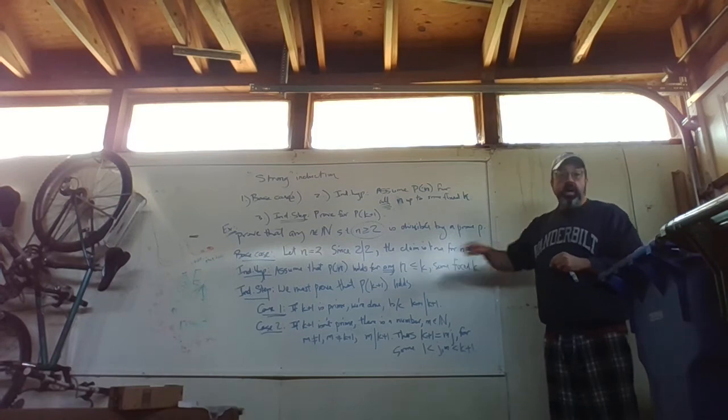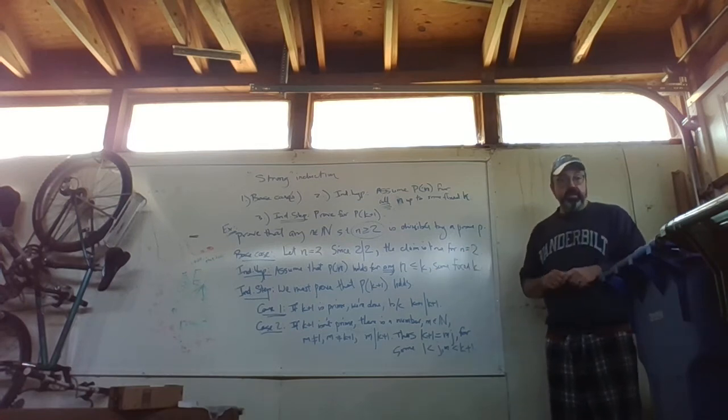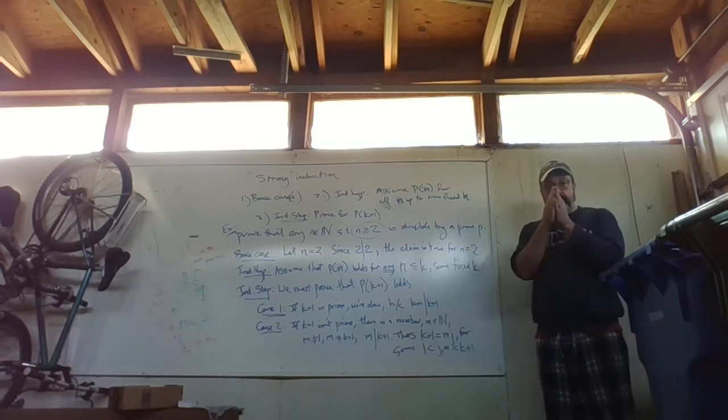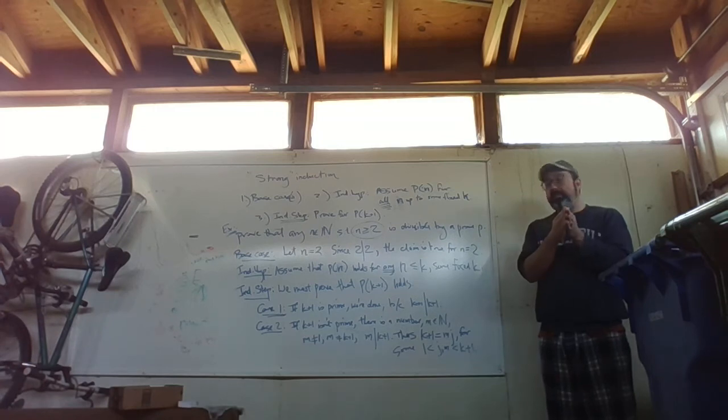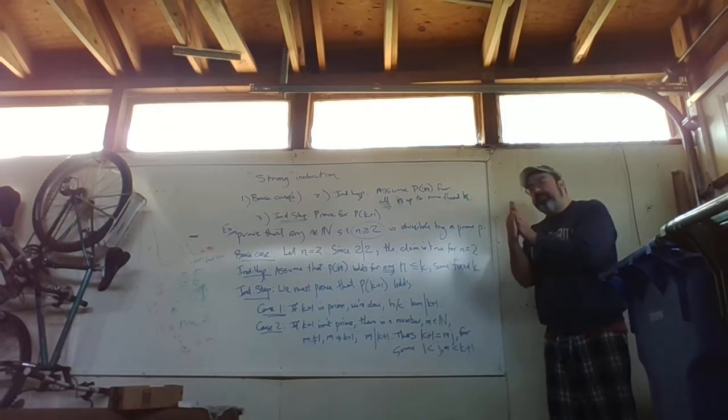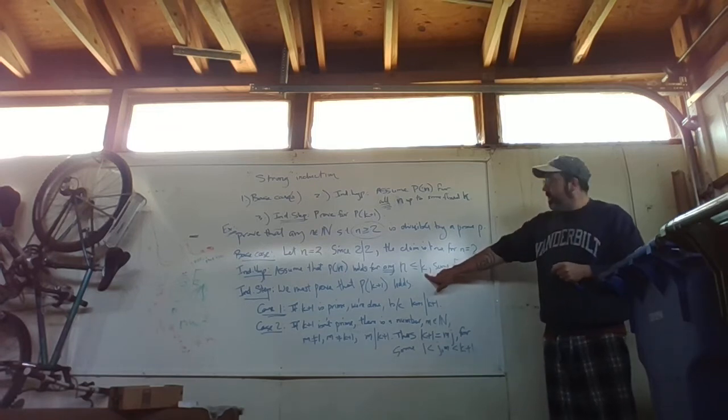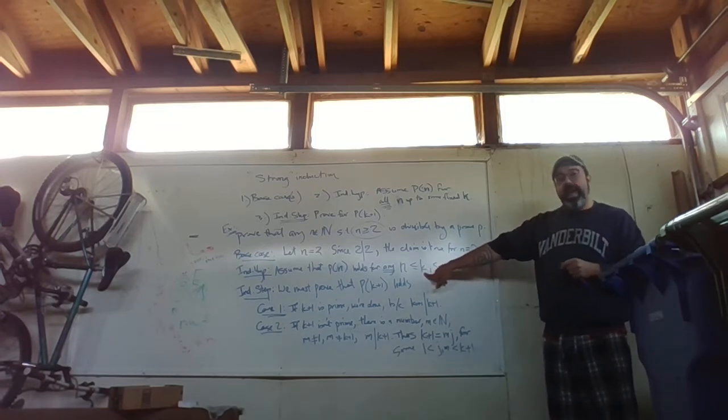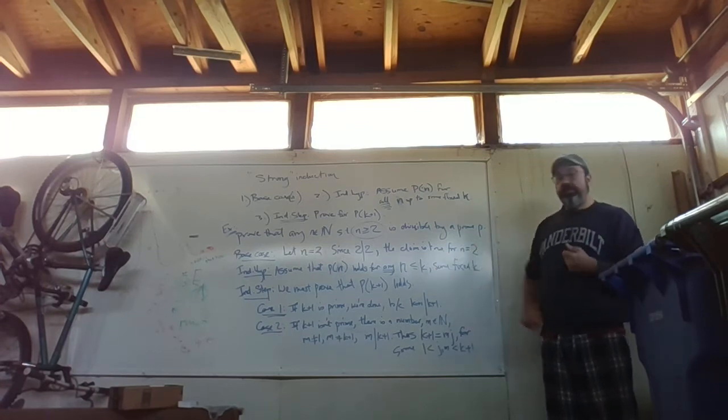In other words, unlike in previous examples of induction where we could go one step back and apply the inductive hypothesis, in this particular case, we need to go more than one step back using numbers that are smaller than k and be able to say something about them in order to prove our inductive step.